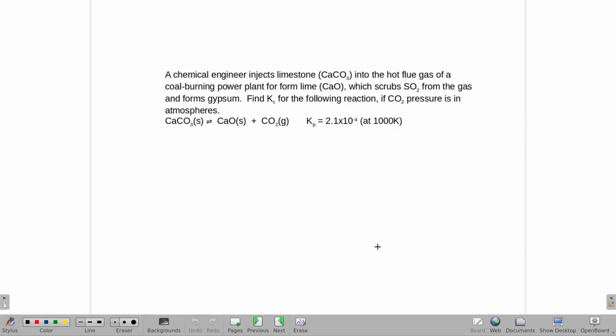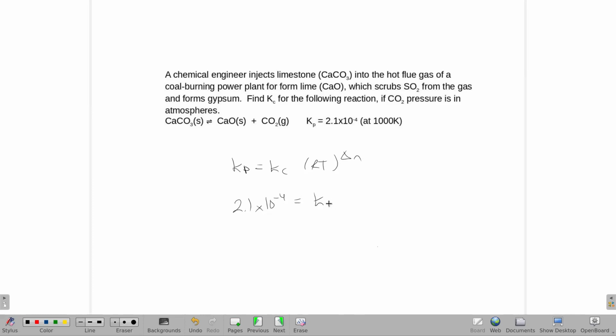Okay, let's do something with these. We're going to look at that particular reaction there with a Kp and a Kc for the reaction we just talked about. Now, we're not actually going to come up with a new equation. We're just going to plug it into that equation we just had up on the screen. So Kp equals Kc times RT raised to the delta n. So our Kp is 2.1 times 10 to the negative fourth.